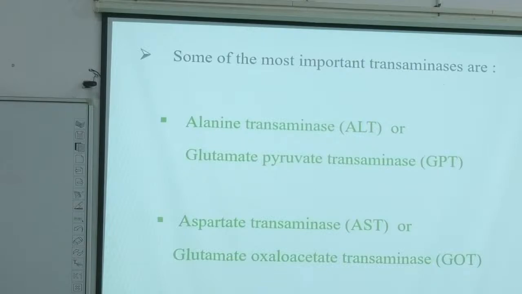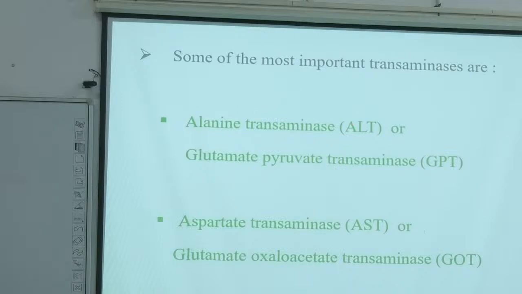These are the enzymes which we call transaminases. There are two transaminases mainly, SGOT and SGPT, which stand for serum glutamate oxaloacetate transaminase and serum glutamate pyruvate transaminase, or the other names, aspartate transaminase and alanine transaminase.